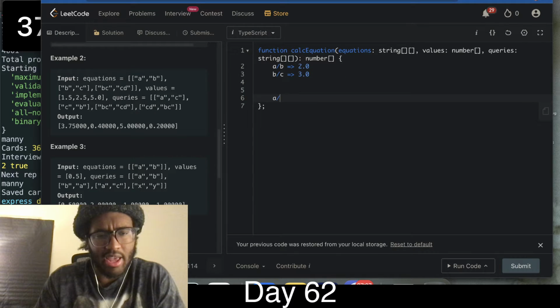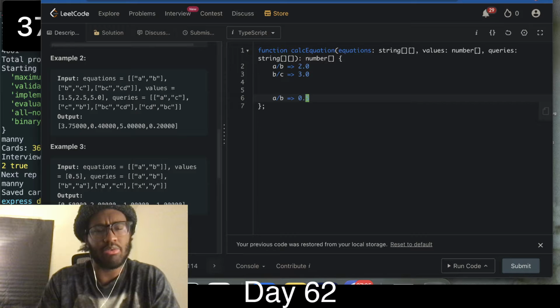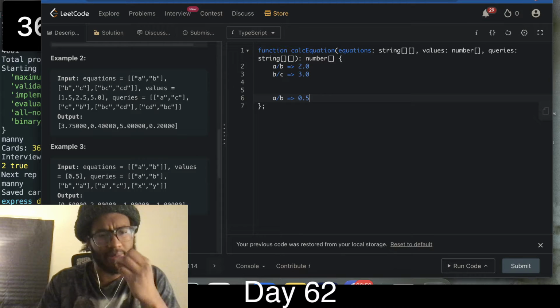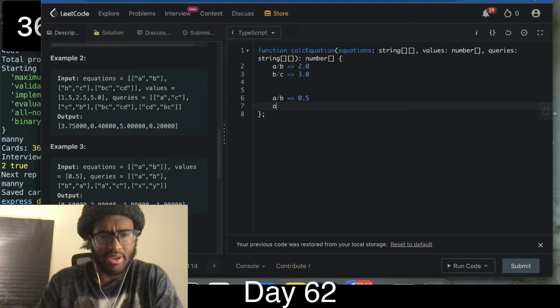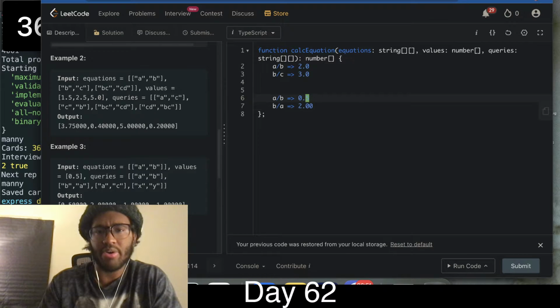So if we have A divided by B equals 0.5, then B divided by A equals 2.0.